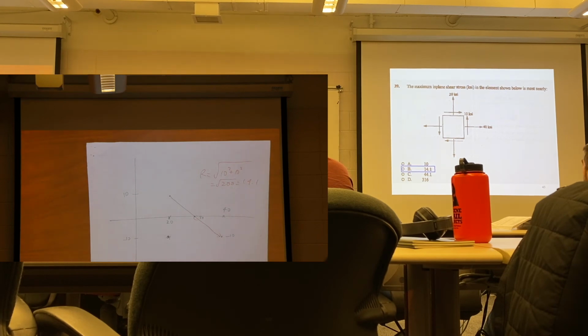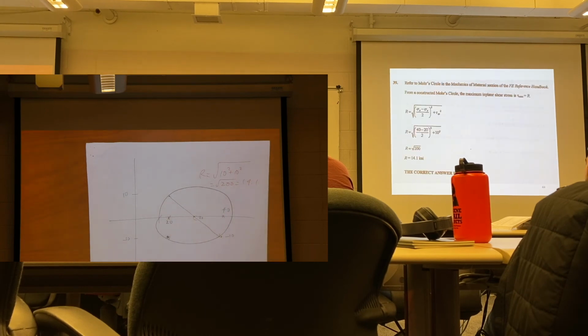The answer is B. If you apply the equation, it actually gives you more or less the same result. Any problems so far? Issues?